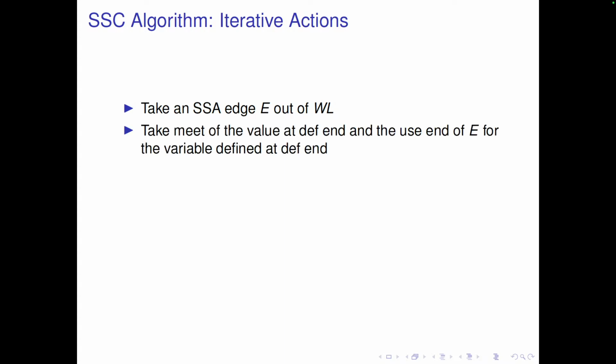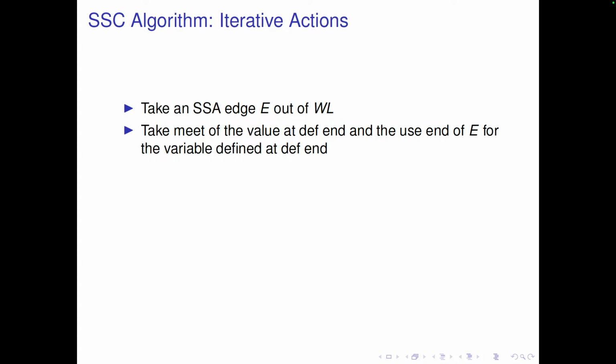How do you update that? You take the meet of the value at the def end and the use end for the variable defined at the def end. It sounds a little twisted, but the idea is that a value can go from constant to not a constant as you discover more and more values.